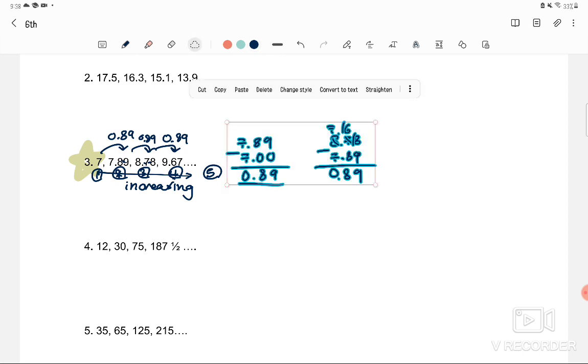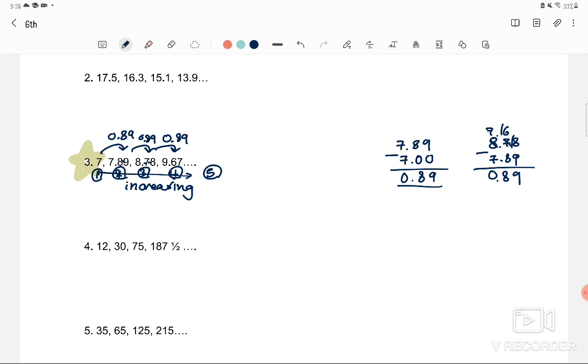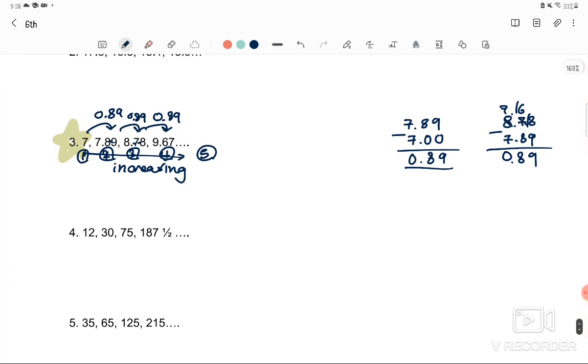So let's find term 5 first. 9.67 plus 0.89 equals 10.56, and this is the 5th term.